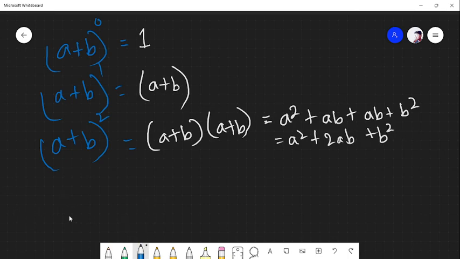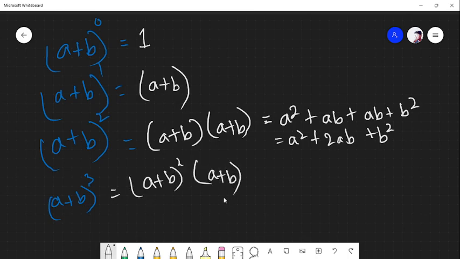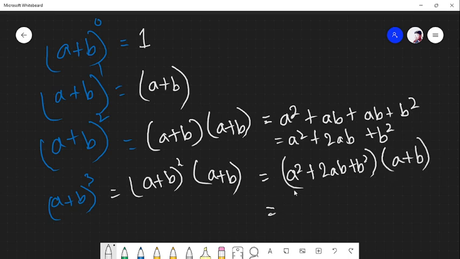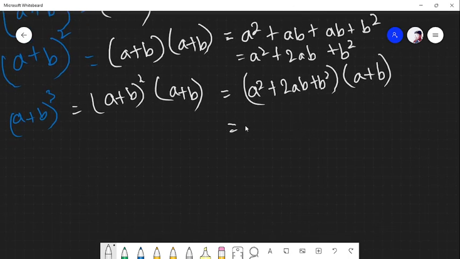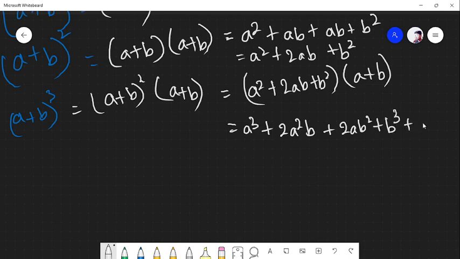And so what about a plus b cubed? This will be equal to a plus b whole squared into a plus b, which will be a squared plus 2ab plus b squared into a plus b, which will be a cube plus 2a squared b plus 2ab squared plus b cubed plus a squared b plus ab squared.